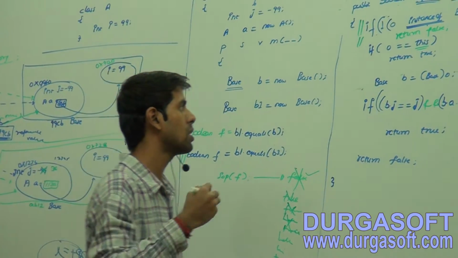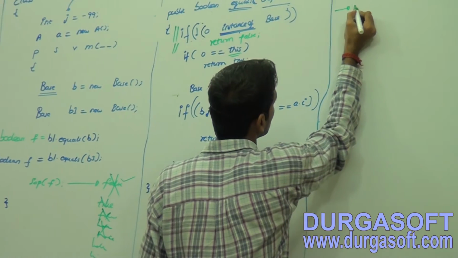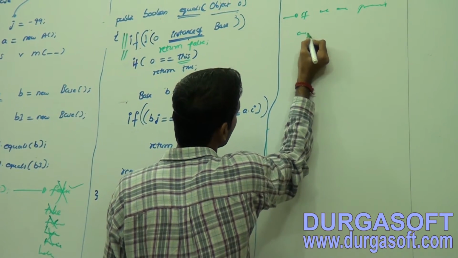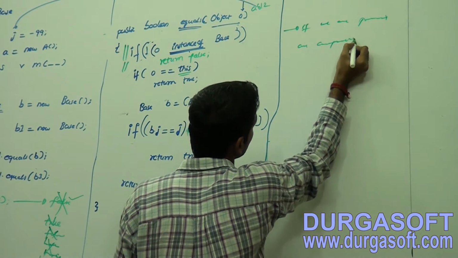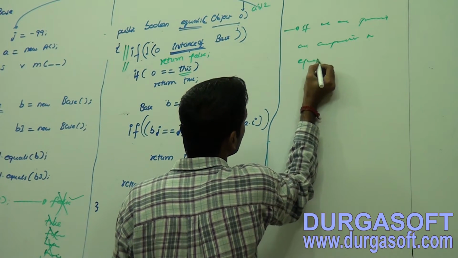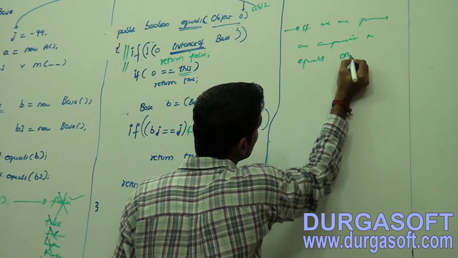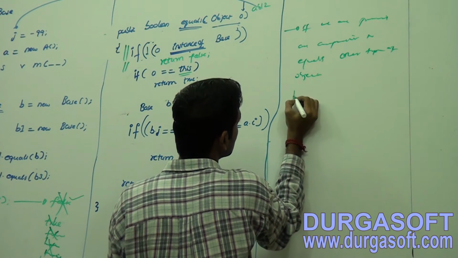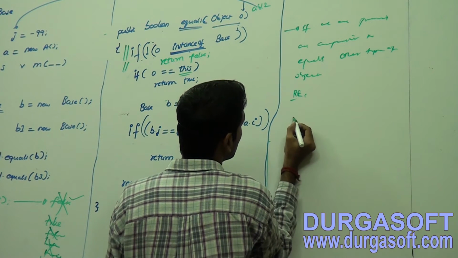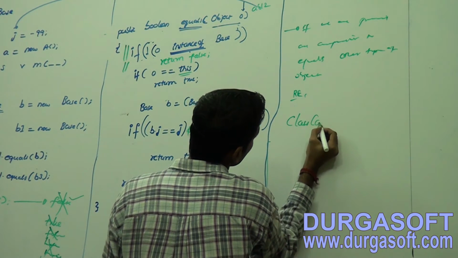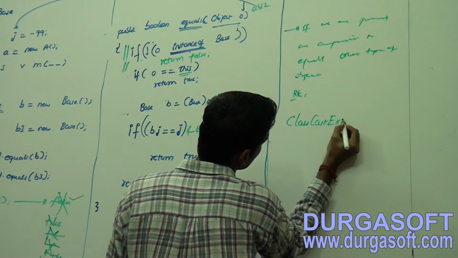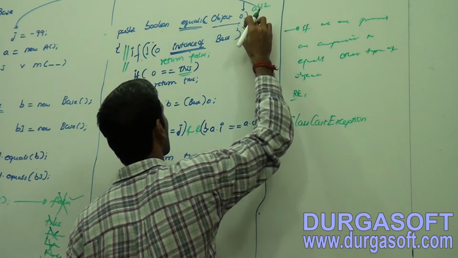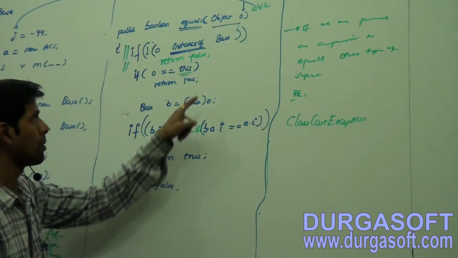Simple thing: if we pass as an argument to the equals method another type of object, at runtime there will be a ClassCastException: O cannot be cast to Base.